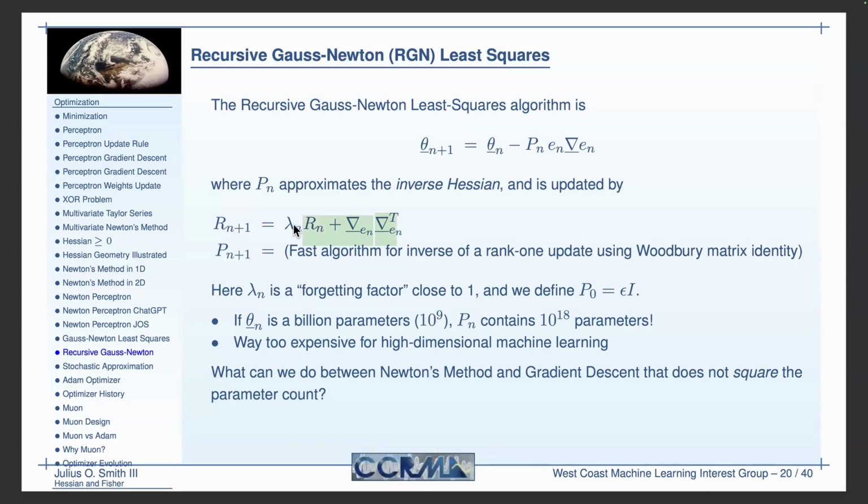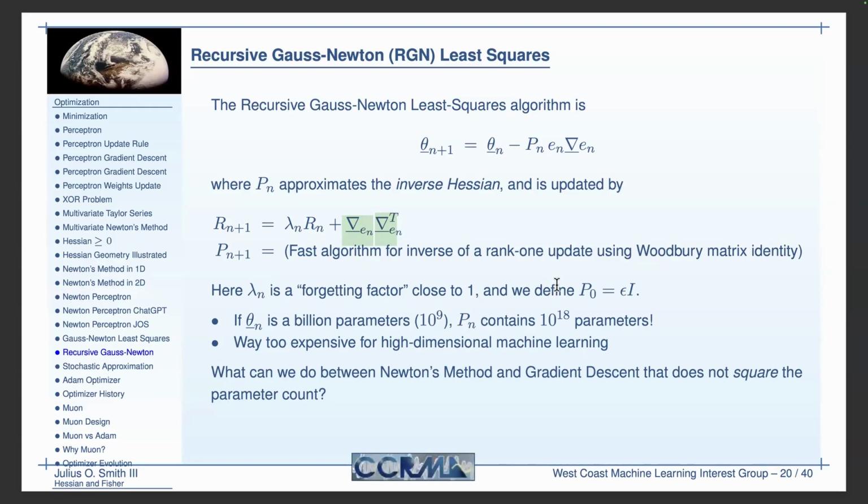So there's a very efficient update to the inverse when your update is rank one. And so that's what everybody used. It's still expensive at scale, but it does do a full Newton's method. And you don't ever invert the whole matrix. You're going along, updating your inverse with rank one updates.